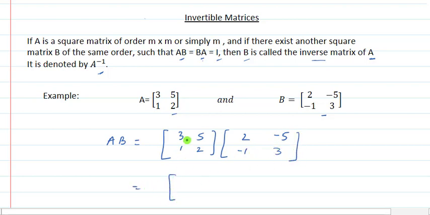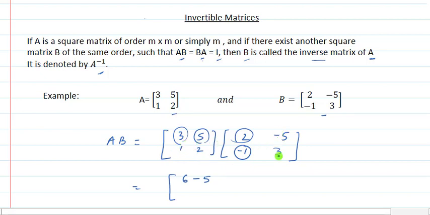We are getting, as we know, this 3 will be multiplied with this 2 plus this 5 multiplied with minus 1. So we are getting 6 minus 5, row 1 multiplied by column 1. So we are obtaining element A11.